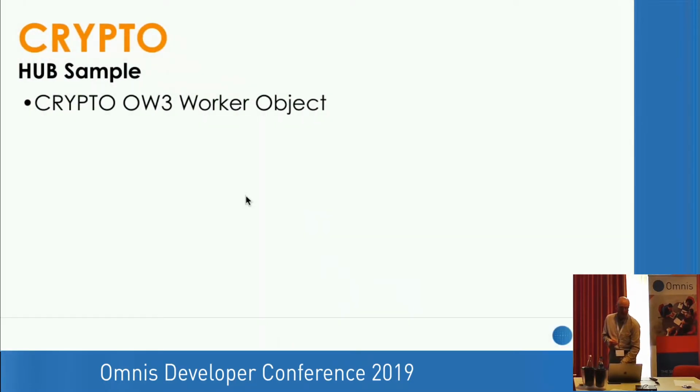No, I'm not going to delve into any great examples or demos of encryption because it doesn't really show you very much other than some data that looks a bit strange. But there is a sample in the hub, Crypto OW3 Worker.